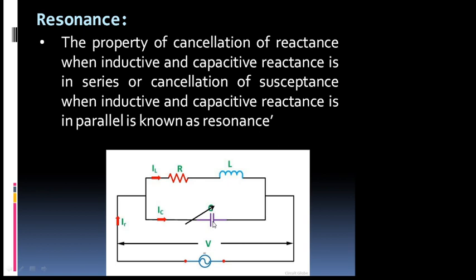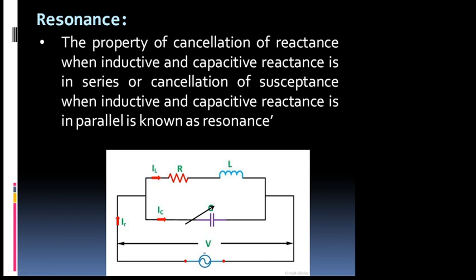We will perform this experiment in two parts, one with R and another without R, because in the condition it's given R is equal to 0 and R is equal to 100 ohm. When I say R is equal to 100 ohm, it is a part of the circuit. When I say R is equal to 0, it is not part of the circuit, it's a straight line. So only L and C will be the components in the circuit.